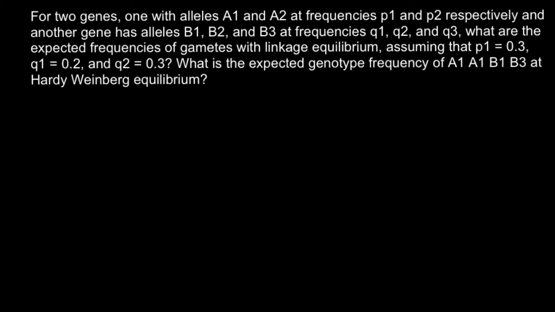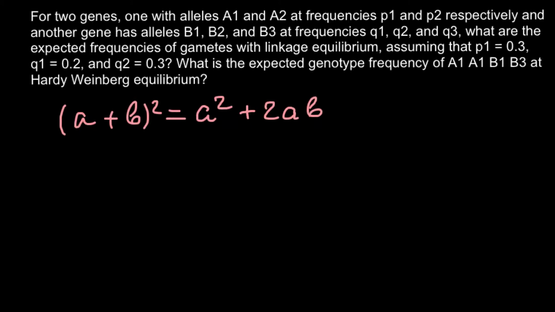So the Hardy-Weinberg formula is equivalent to a binomial expansion. For example, if we have alleles A and B, our initial formula looks like this. And when we expand this formula, we are going to get A squared plus 2AB plus B squared.